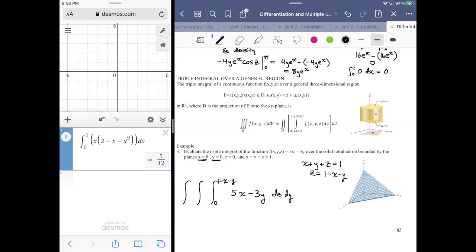If I want x plus y plus z equals 1 on the xy plane, that means z is equal to 0. So the part of that graph that's on the xy plane would be 0 equals 1 minus x minus y, which means y equals 1 minus x.